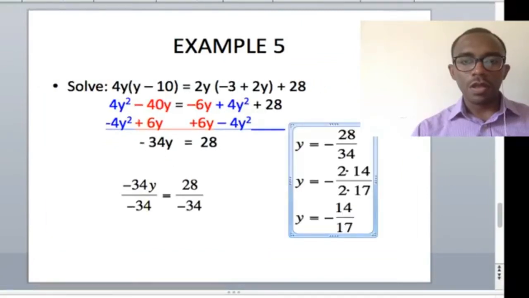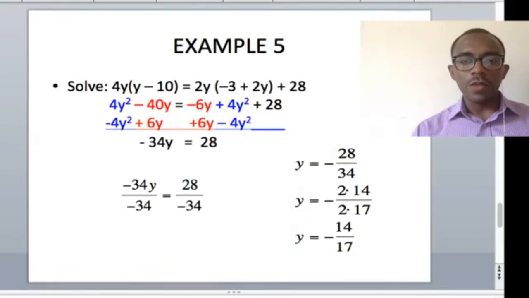Okay, there we go. Going from this side to the right, we have y, and this negative 34 cancels. So we have y is equal to negative 28 over 34.